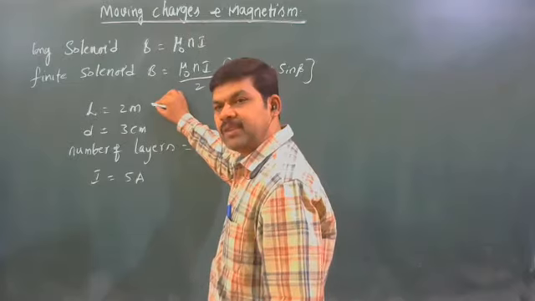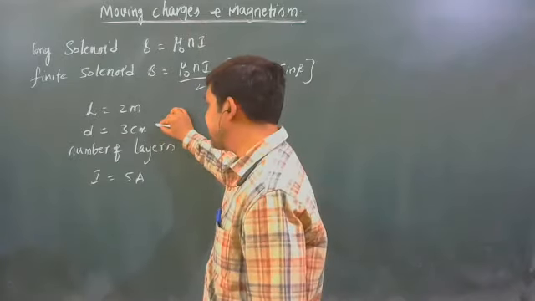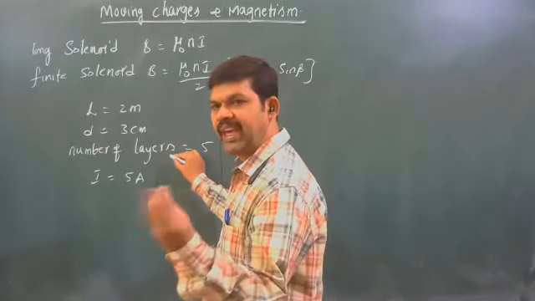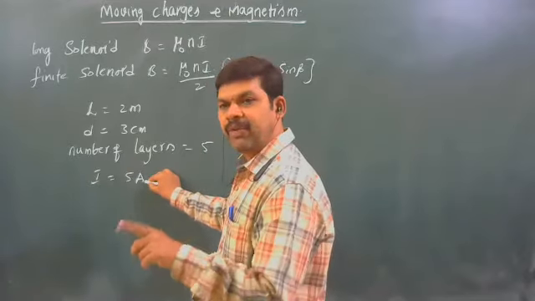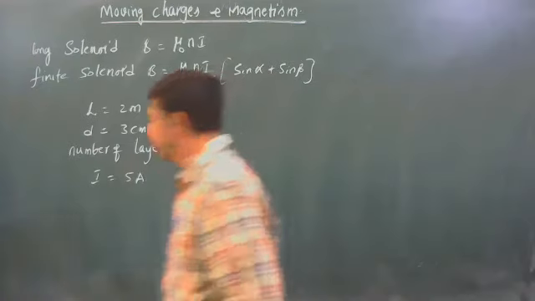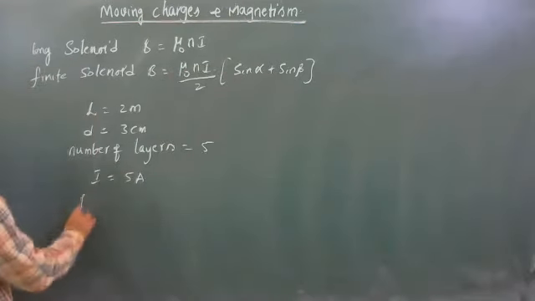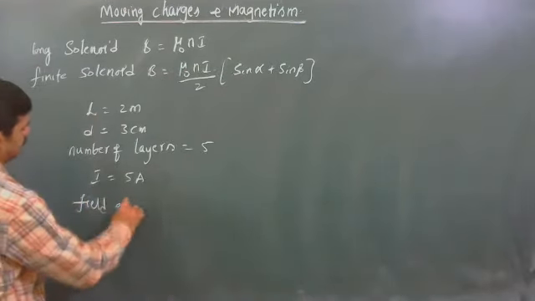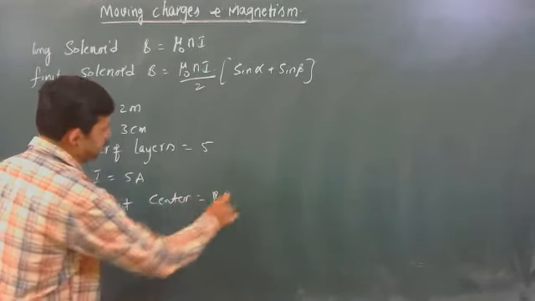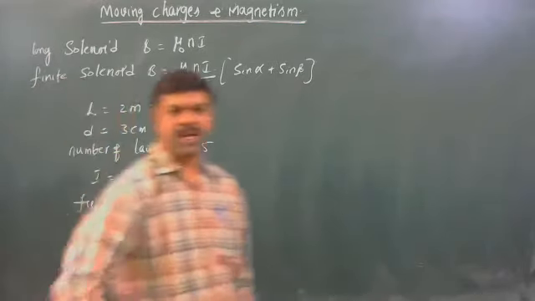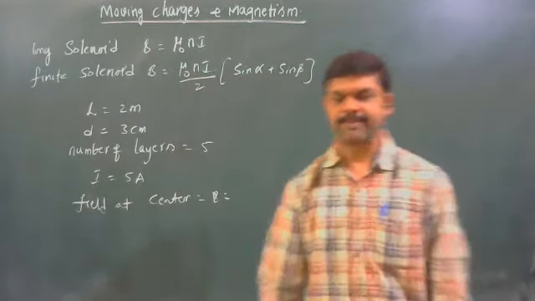Solenoid of length 2 meter, diameter 3 centimeter, having 5 layers in which 5 amp current is flowing. What is the field at the center? What is the formula to be taken?